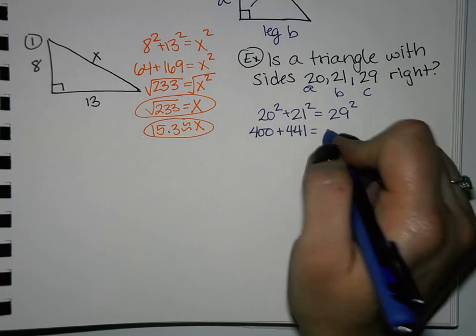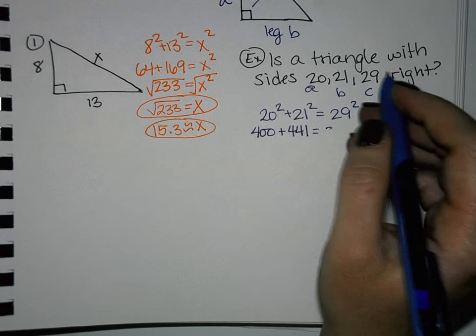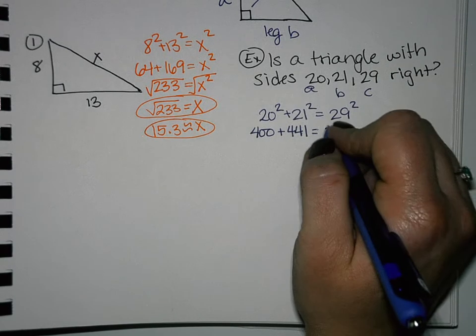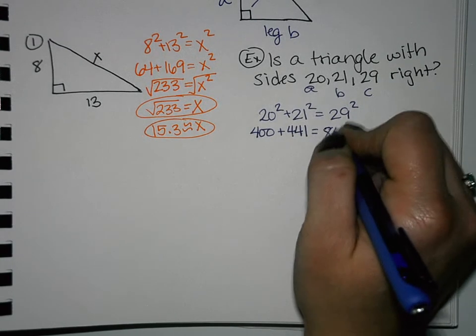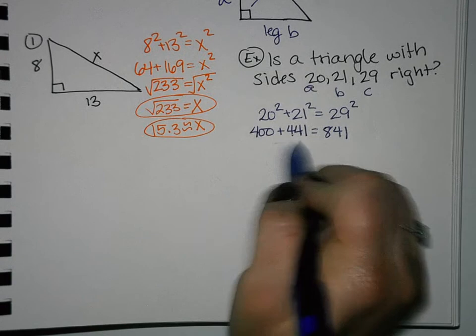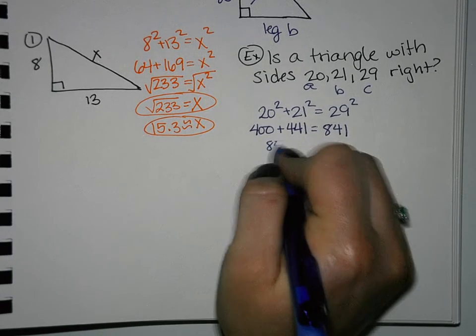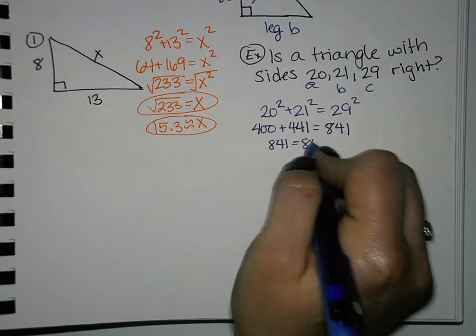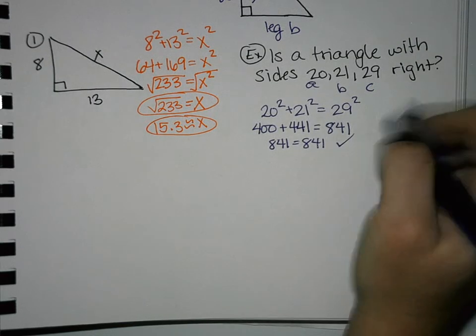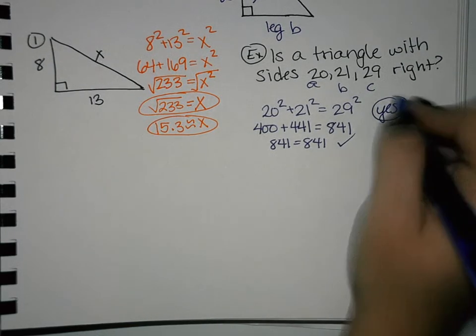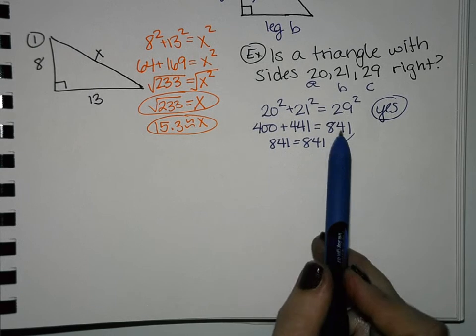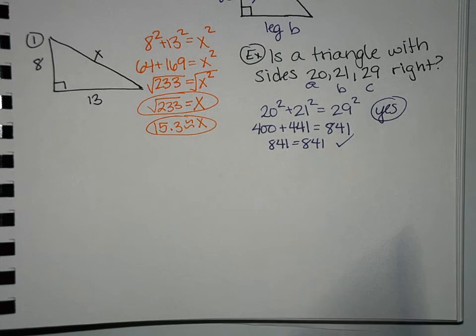And 29 squared? 841. So when we add the left side together, we get 841. Does that equal 841? Yes. So we have a right triangle. If you were to add these together and it did not equal the right side, then you would say it's not a right triangle. It would actually be acute or obtuse, depending on whether it's smaller or larger.